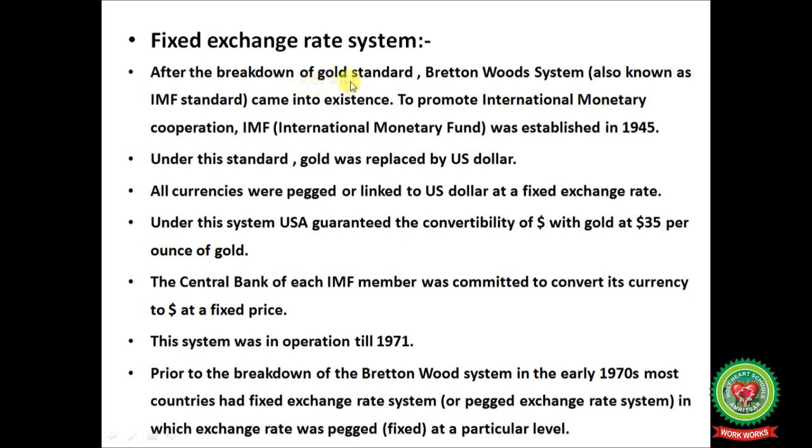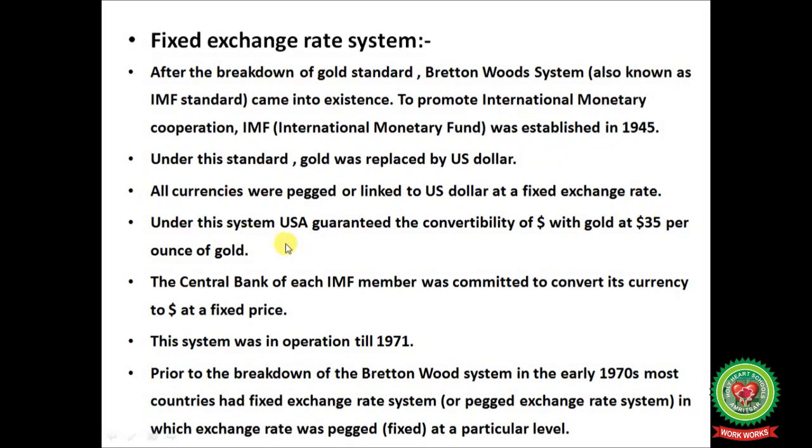After the breakdown of the gold standard, the Bretton Woods system, also known as the IMF standard, that is the International Monetary Fund standard, came into existence. To promote international monetary cooperation, the International Monetary Fund was established in 1945. Under this standard, gold was replaced by the US dollar. All currencies were pegged or linked to the US dollar at a fixed exchange rate.